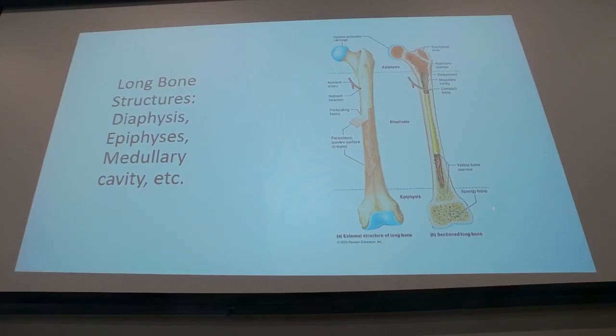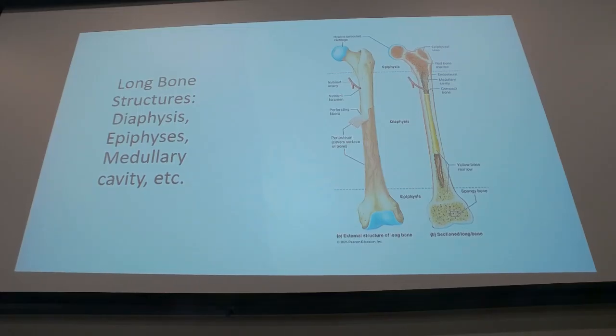Now, here is the cavity, the yellow bone marrow, and then here's the compact bone, and then outside you will have the periosteum. And this cavity is lined internally with the endosteum.